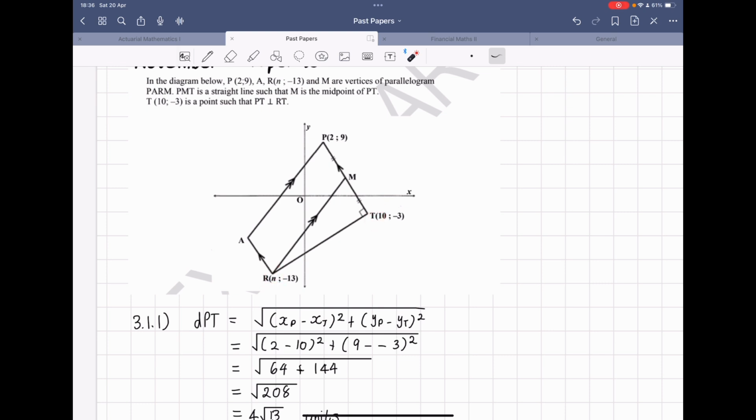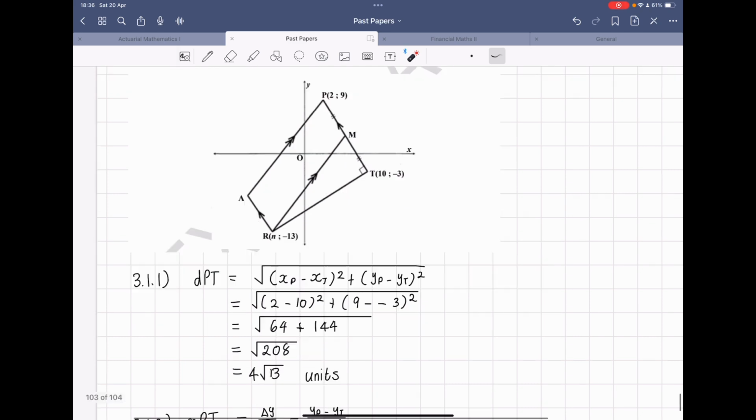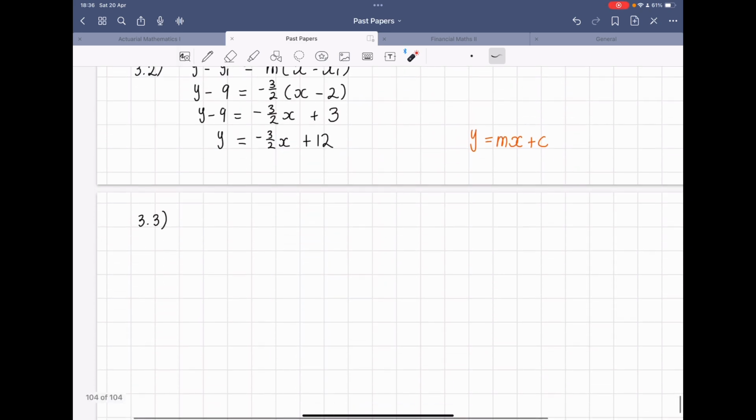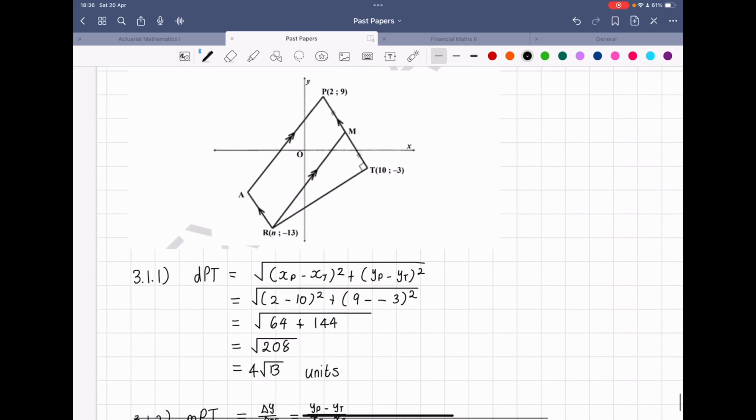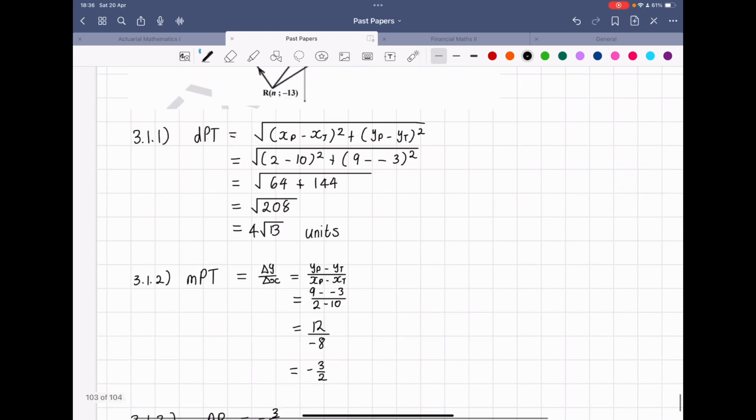So I'm going to say that m_RT is equal to the y of R minus the y of T, divided by the x of R minus the x of T. Then the only value that I'm going to have unknown is n, and then I can just solve for n like I would solve for x in an equation. So the first thing I'm going to say is that m_PT times m_RT must be equal to -1.